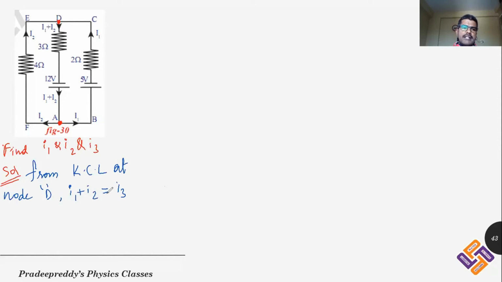So I am considering I1 plus I2 as I3, which is flowing into this 3 ohm resistor.